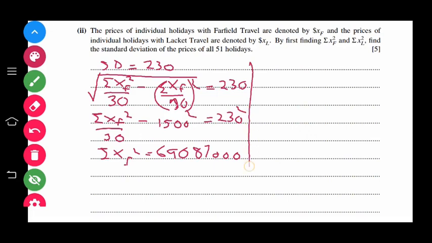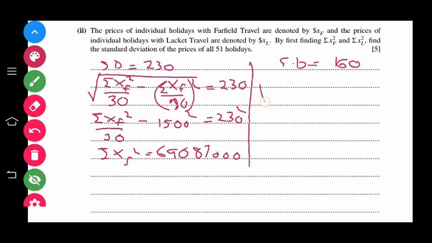Similarly, let's find the value of sigma xL squared using standard deviation 160.